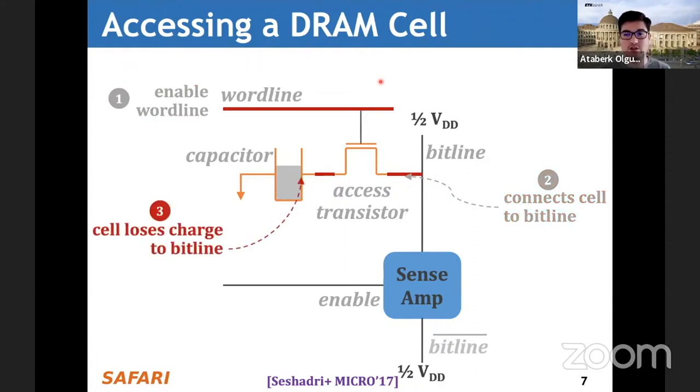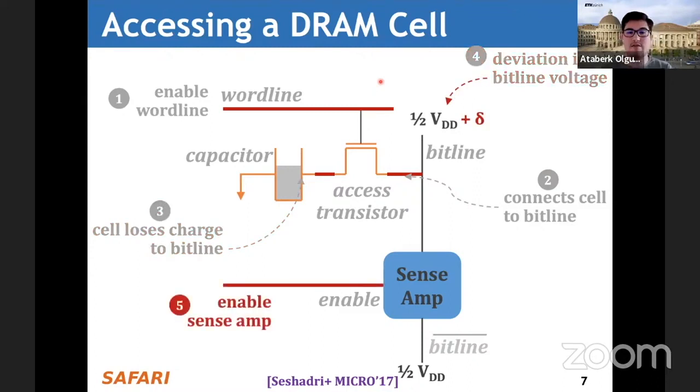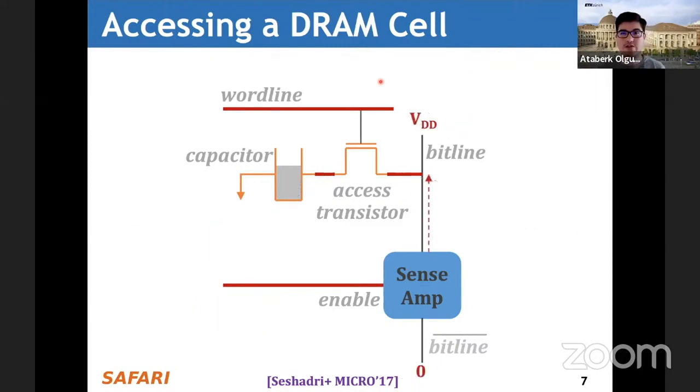It will share its charge with the bit line, and this will result in the bit line voltage deviating slightly towards VDD. When we enable the sense amplifier, it will compare the voltage difference of bit line and bit line bar, and amplify the deviation until bit line voltage reaches VDD. And since the capacitor is still connected to the bit line, this process also restores charge back to the capacitor.